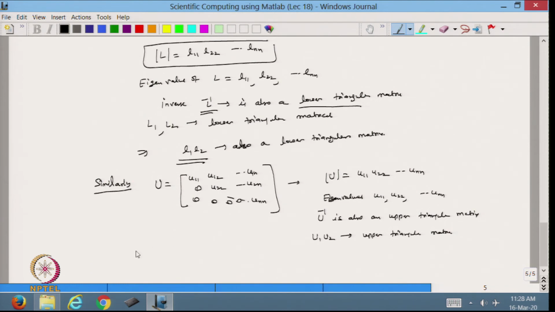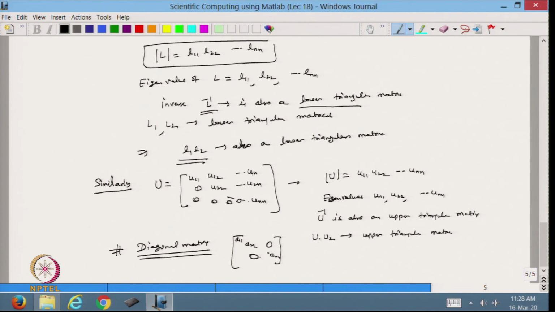We have also discussed the third case, the diagonal matrix. The diagonal matrix looks like this: A11, A22, ANN, and all the other terms are 0.